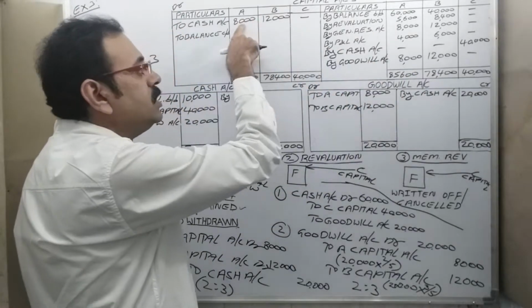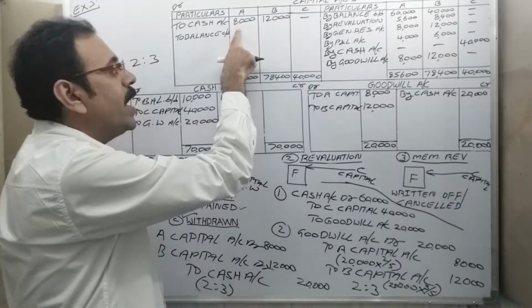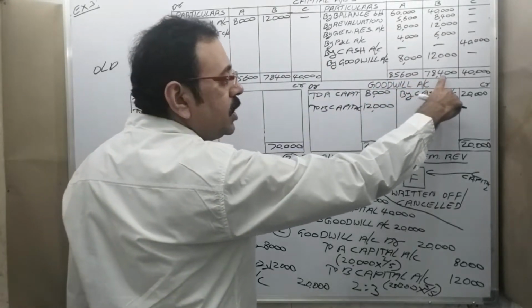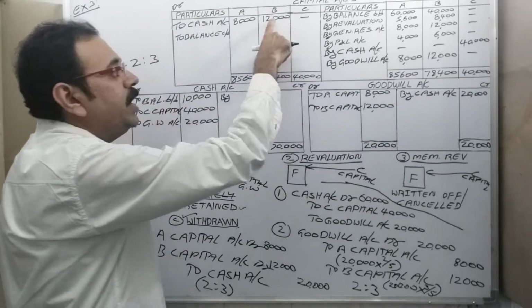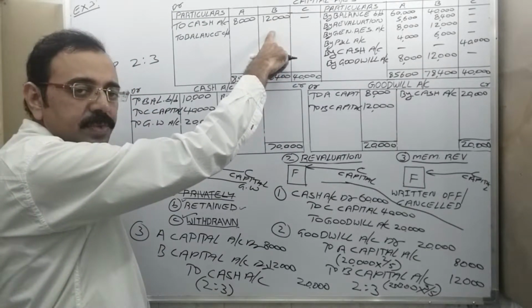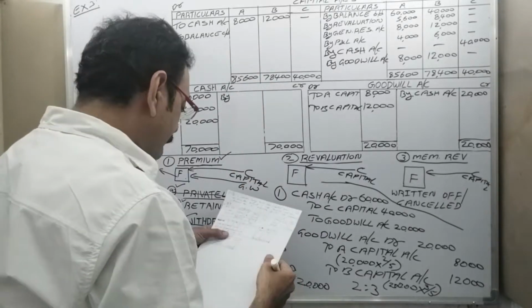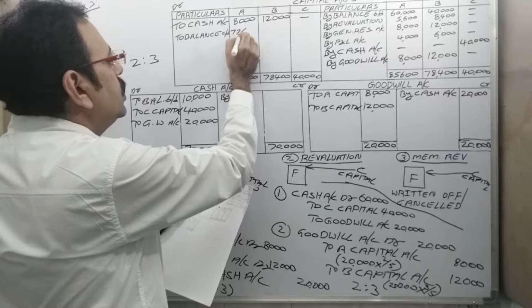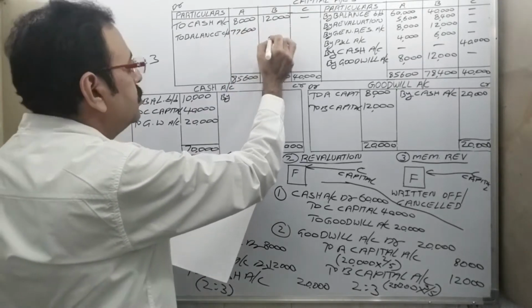Then 85,600 minus 8,000 will be the balance carried down here. Similarly, 78,400 minus 12,000 will be the balance carried down here. Okay? Then the balance carried down amounts will be 77,600.